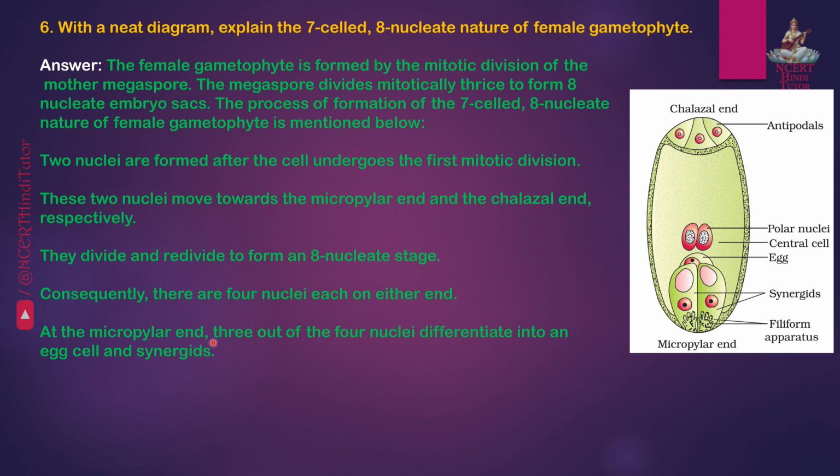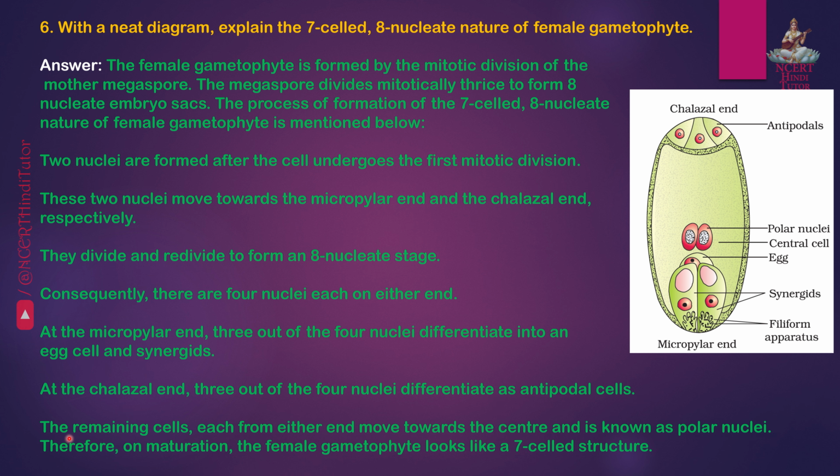At the micropylar end, 3 out of the 4 nuclei differentiate into an egg cell and synergids. At the chalazal end, 3 out of the 4 nuclei differentiate as antipodal cells. The remaining cells, one from either end, move towards the center and are known as polar nuclei. Therefore, on maturation, the female gametophyte looks like a 7-celled structure.